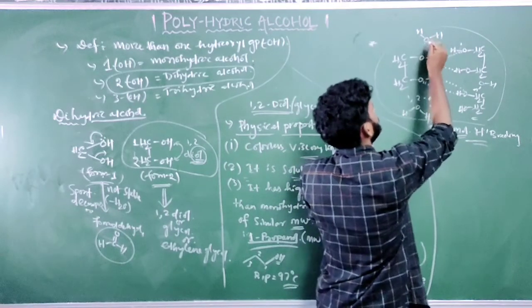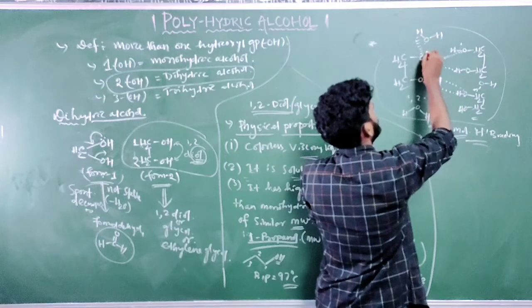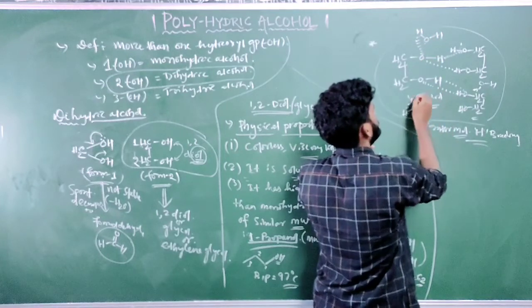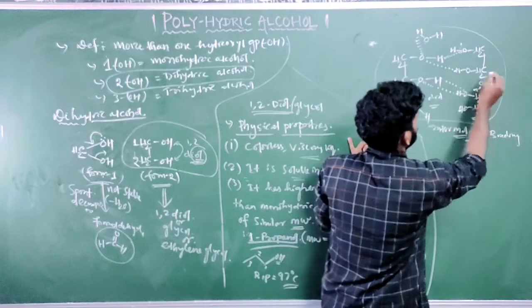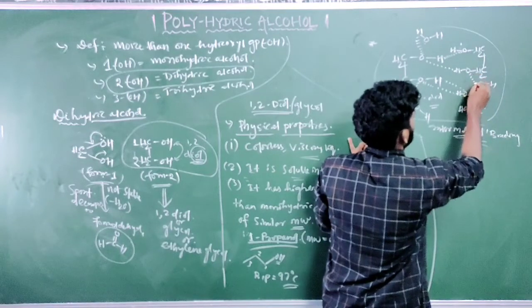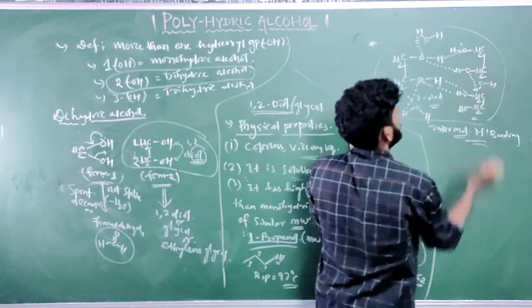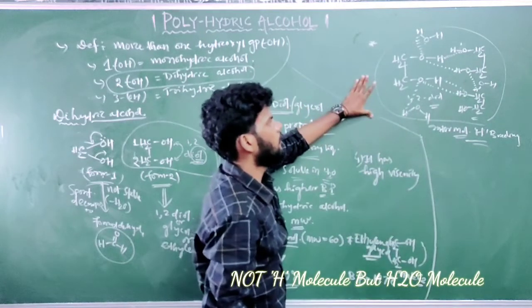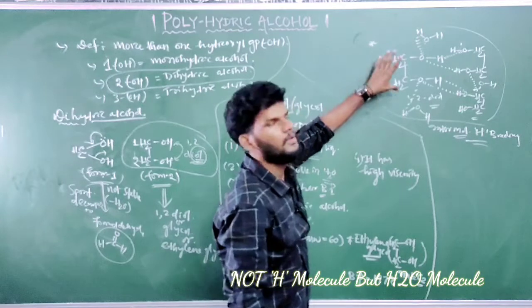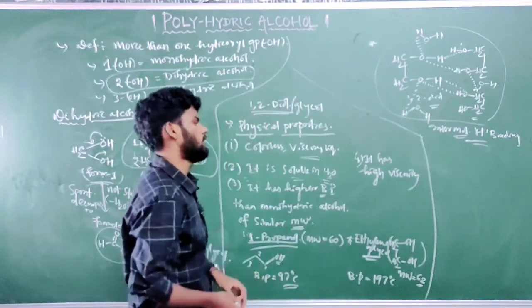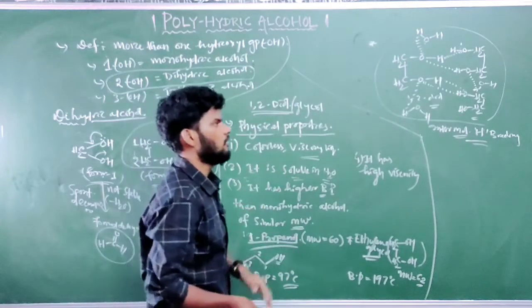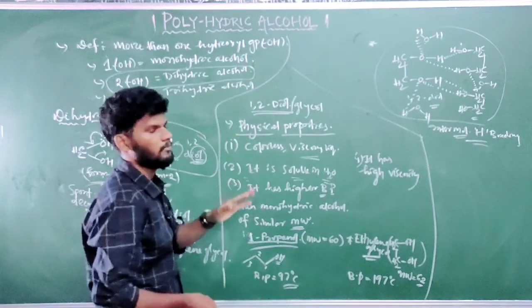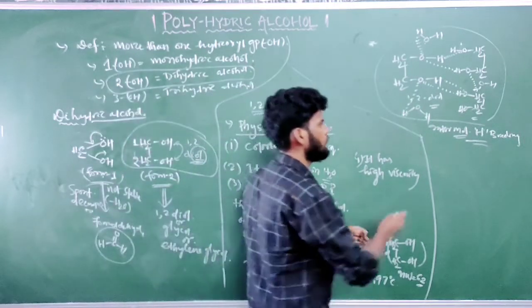Here you can see the hydrogen gets bonded to this oxygen, here also this hydrogen is bonded to oxygen, and here also. In this manner the water molecules dissolve the glycol or 1,2-diol. That is why it is soluble in water: because of intermolecular hydrogen bonding, the one reason for all.